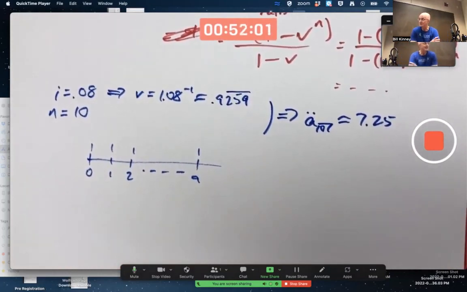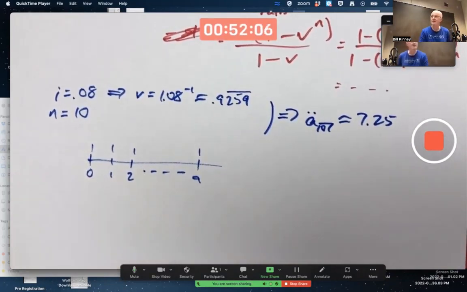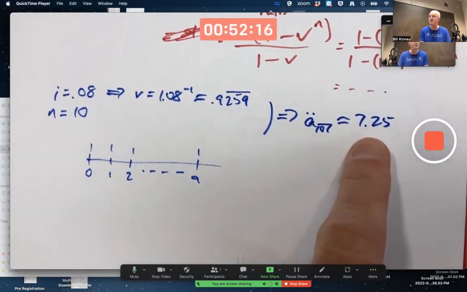You're getting paid $10 total, 10 ones in nominal dollars, you might say. But in terms of thinking about the time value of money, that's worth less than $10 right now. It's worth $7.25 right now.